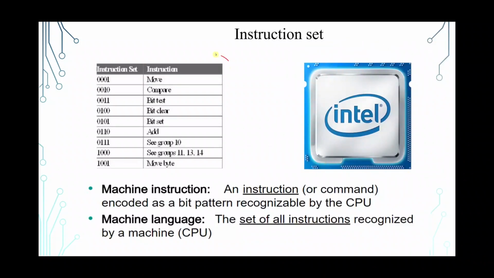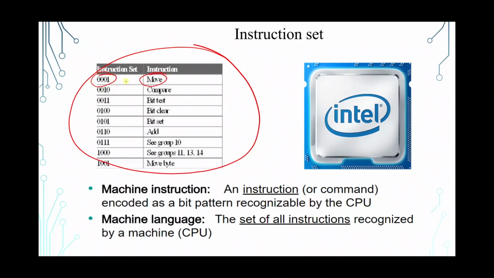So here's an example of an instruction set. As you can see, the number and what the number means. For example, 0001 means move, 0010 compare, bit set, bit clear, and so on.